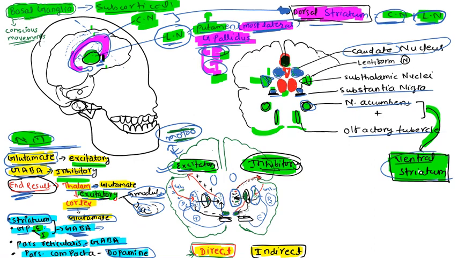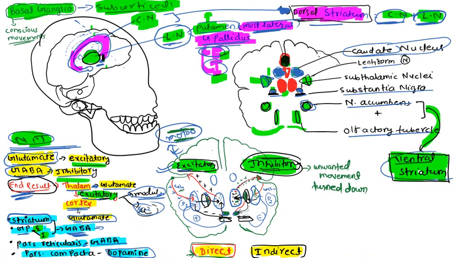So if more GABA is released, the thalamus is inhibited, and thus its pathway, which was very much excitatory, will release less glutamate, and that is why this pathway is called inhibitory, which inhibits the unwanted movement in our body, or turns down the motor activity in the body which is going on. So this is the function of the indirect pathway, and this is the direct and indirect pathway. So in this we clearly saw the direct and indirect connections.